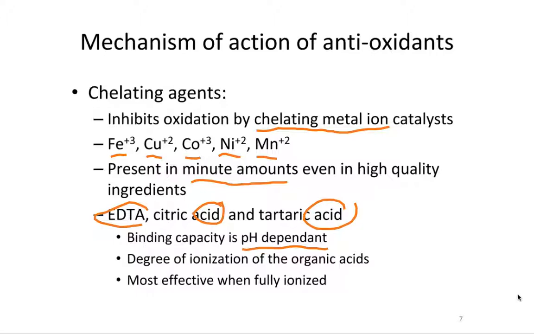And so you know that these three are organic acids. They probably have COOH functional groups whose pKa is around 5, and so a pH of greater than 5 will lead to the presence of these molecules to a greater extent in the ionized form, and hence the utility of these chelating agents will be most prominent when the pH of the final solution is greater than 5.